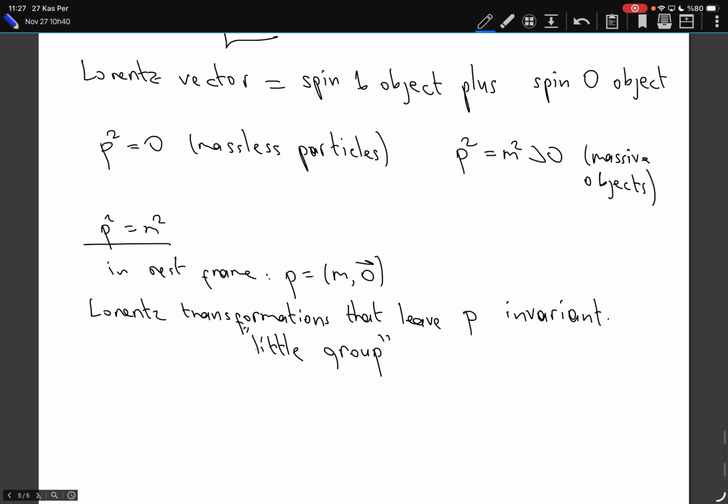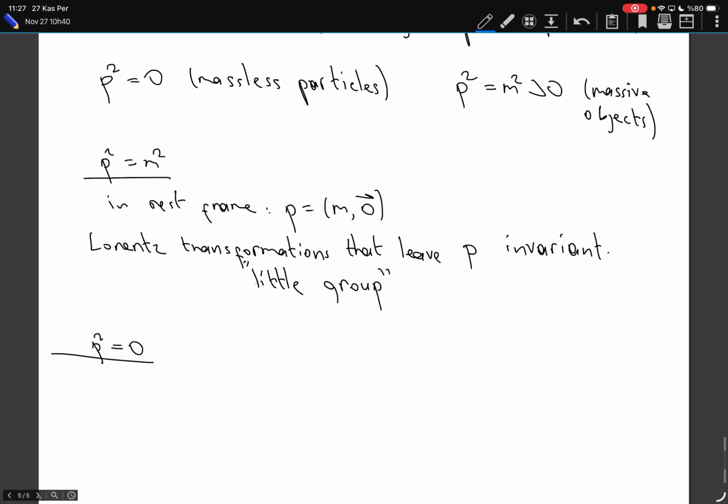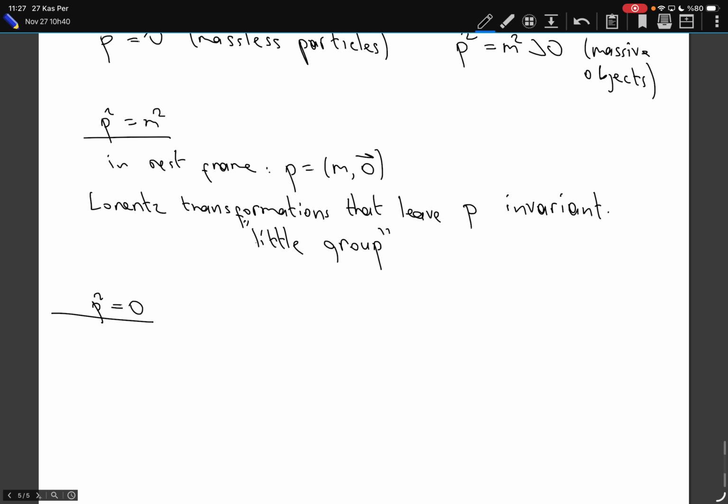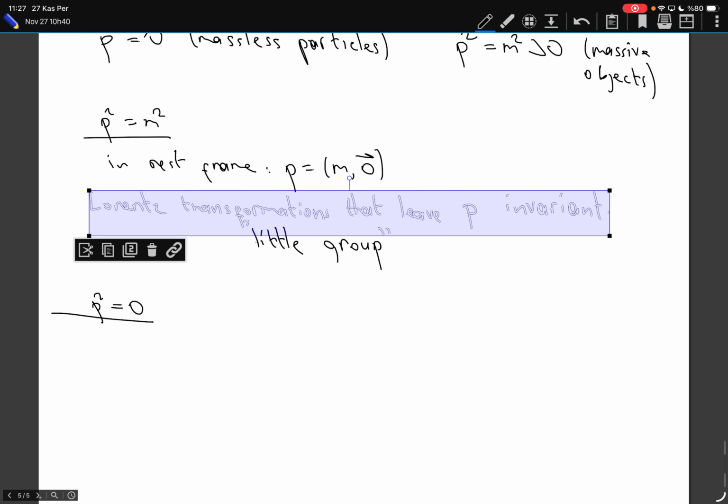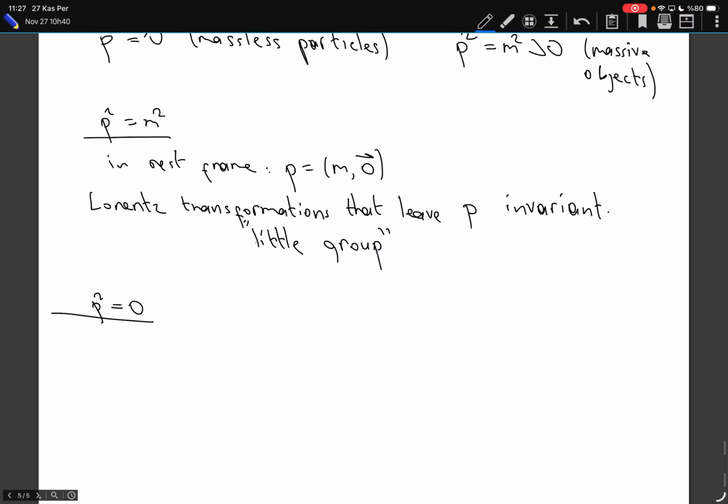But now I have a problem in the case of P squared equal to 0. There is no rest frame. So since there is no rest frame, I can still look at Lorentz transformations that leave P invariant. To get some lessons, let me choose a reference frame in which P is (E, 0, 0, E).